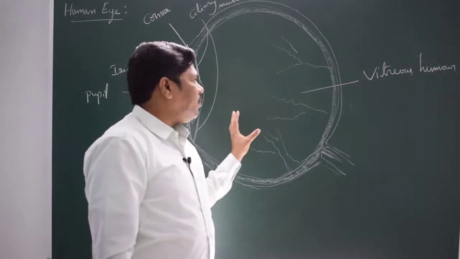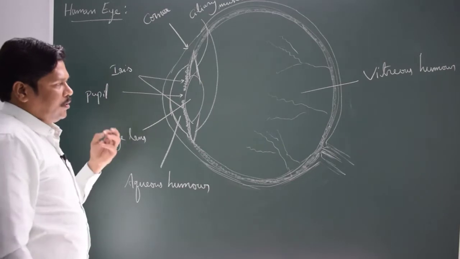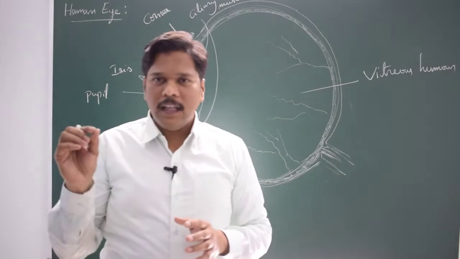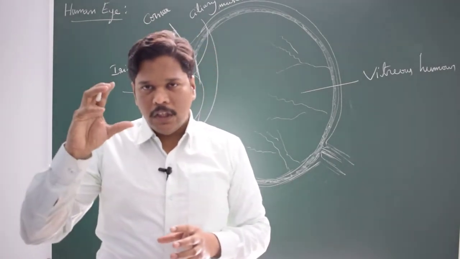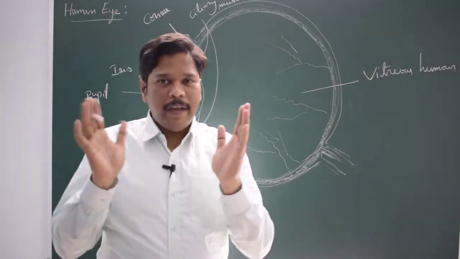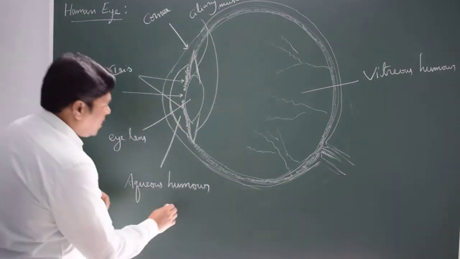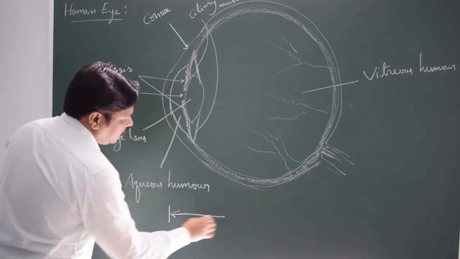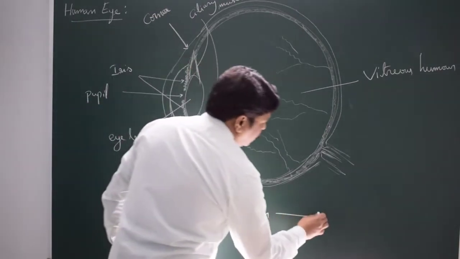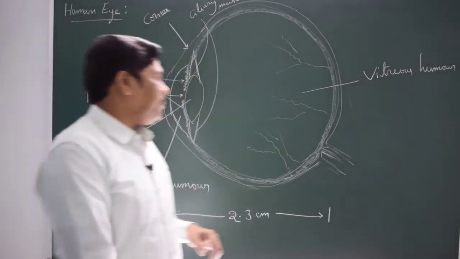The presence of these two helps not only in refracting the light but also in giving a shape to the eyeball. Otherwise, due to atmospheric pressure, the eyeball may not retain its spherical shape. One more thing, our eyeball is spherical in shape, and the diameter of the eyeball for a normal human eye is approximately 2.3 centimeters.